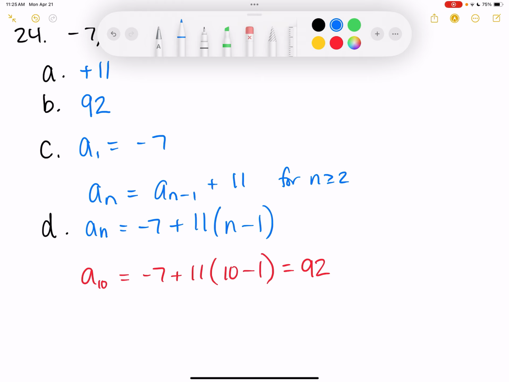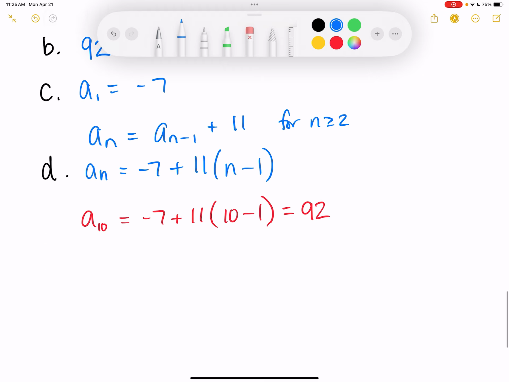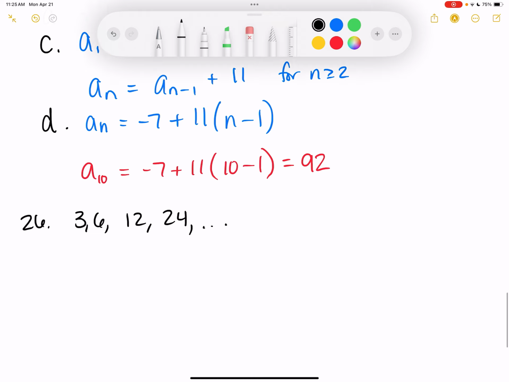If they're multiplying, it's geometric, which we're about to do. So number 26, we have 3, 6, 12, 24. A, they want to know the common ratio.